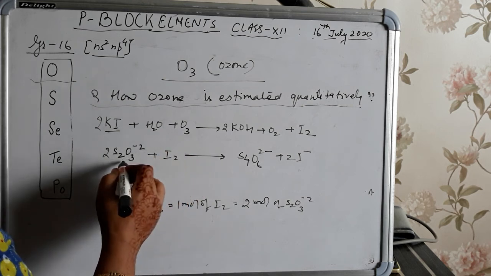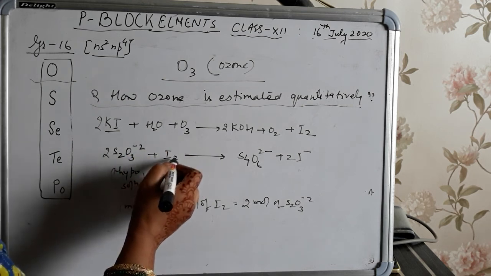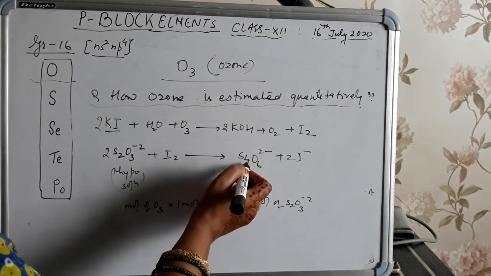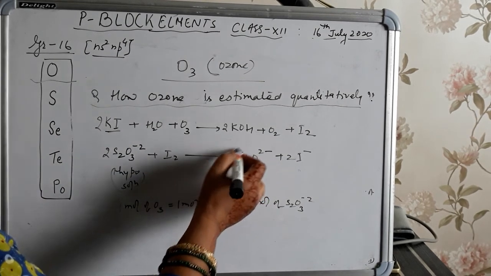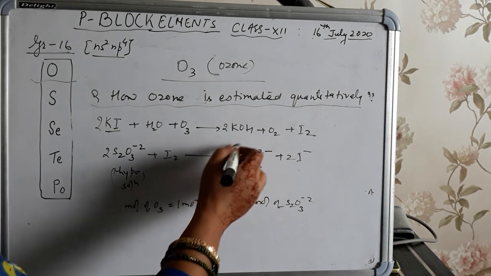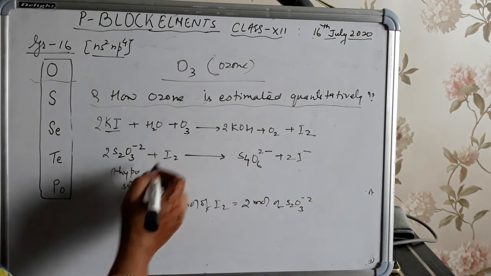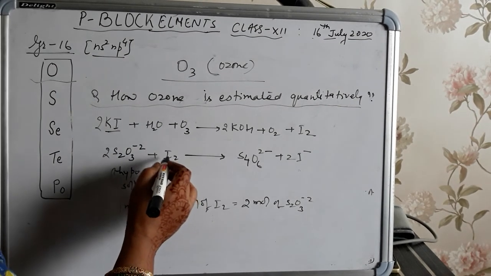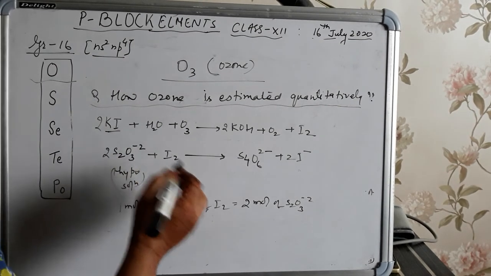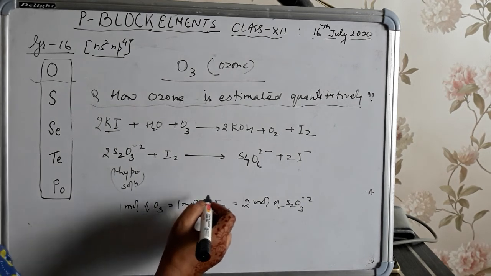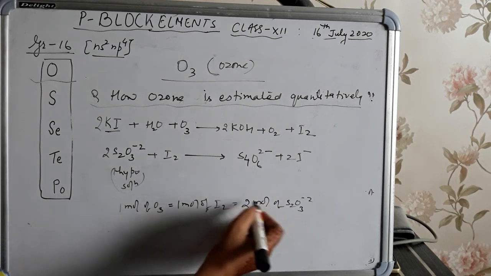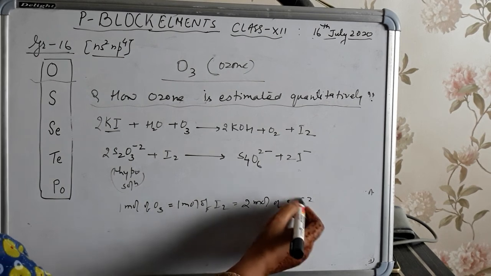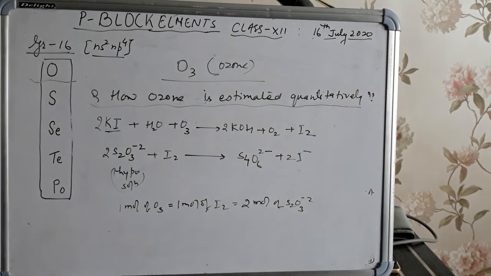When the hypo solution is treated with iodine, hypo solution gets converted into S4O6. By knowing this concentration, we can find that 1 mole of ozone gives 1 mole of iodine. So 1 mole of iodine is formed by 2 moles of S2O3 2-. In this way you can find out how ozone is estimated quantitatively.